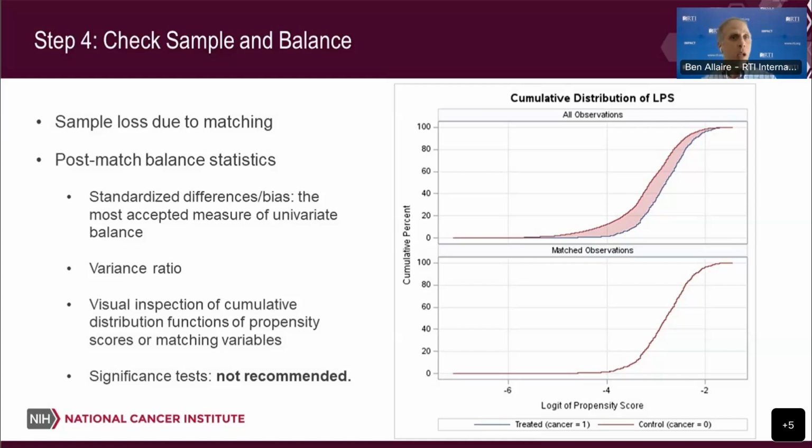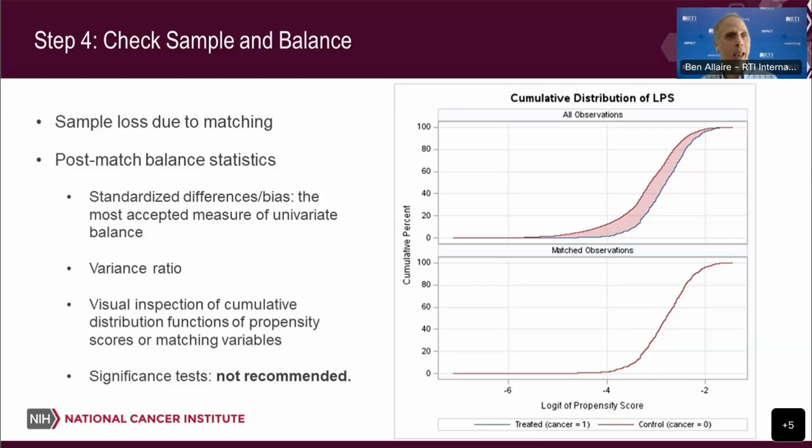But in terms of checking balance, I put a couple of different ways to do that. First of all, standardized differences, which are essentially the differences in the variables divided by a pooled standard deviation.